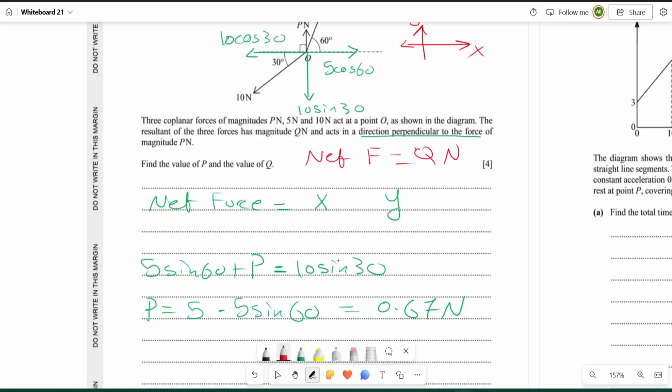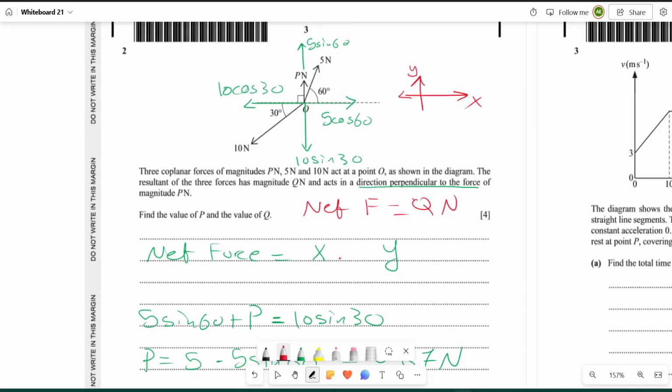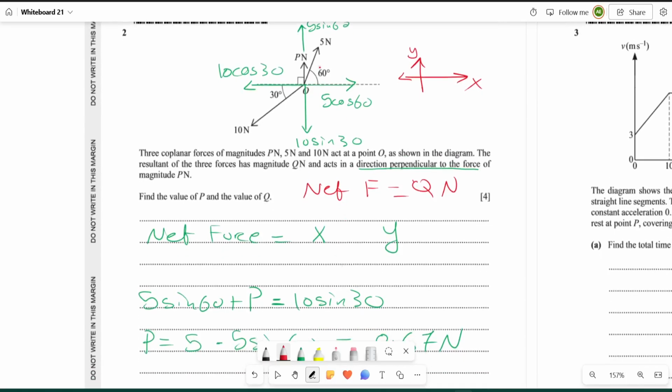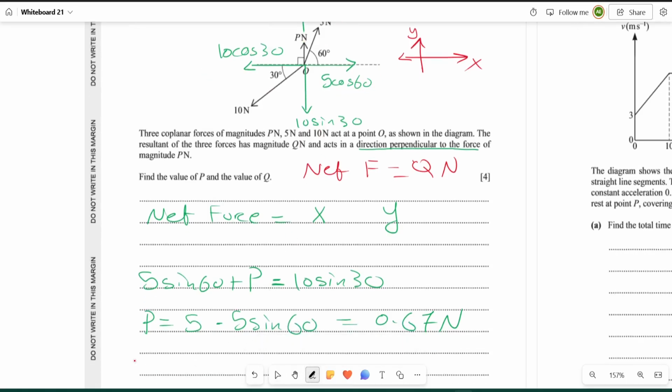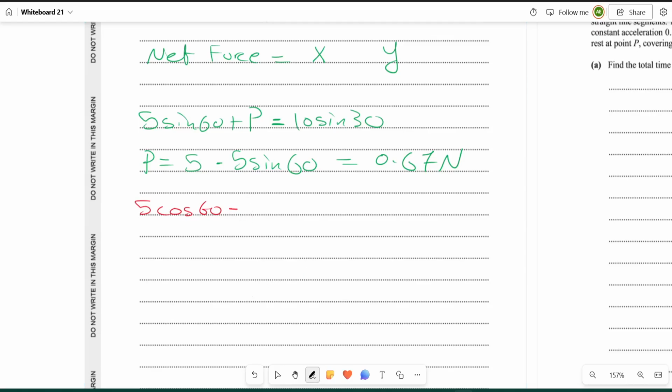And to find the value of Q, I can now get the sigma forces in the x direction, which is going to be 5 cosine 60 minus 10 cosine 30. That is going to give me the component in the x direction.